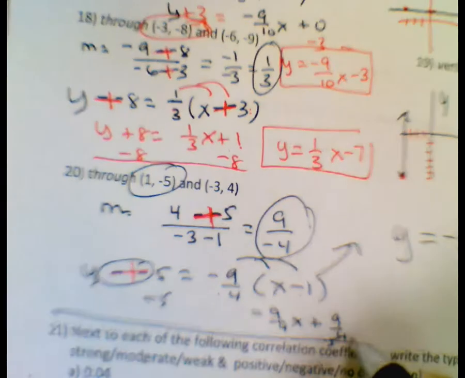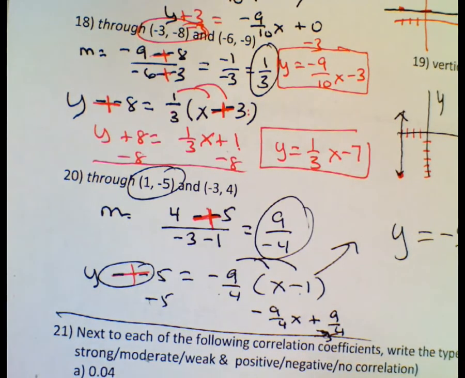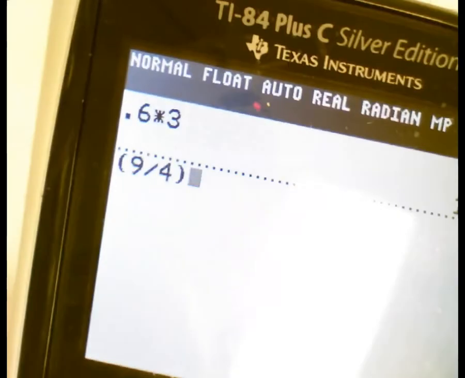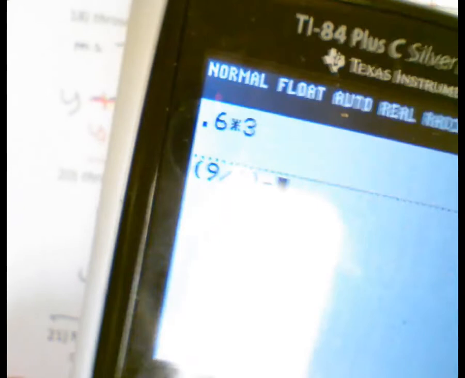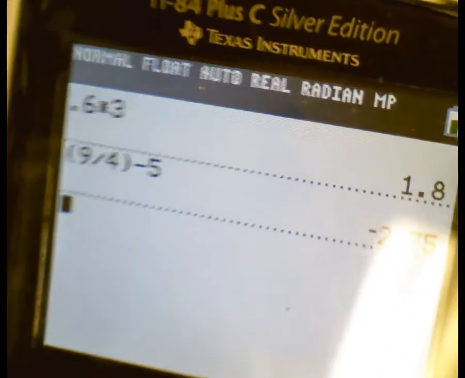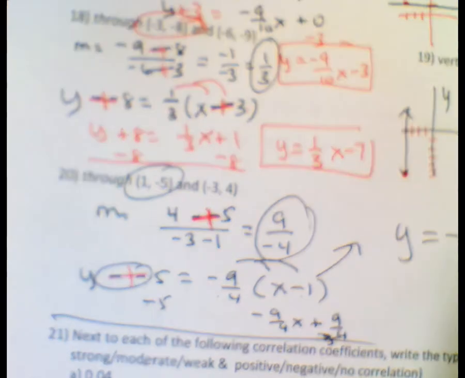What's 9/4 minus 5? Let's do that on our calculator. So we have a positive 9/4, and we just subtracted 5 over. So it looks like that. Negative 11/4.